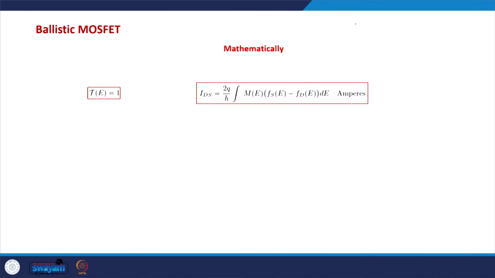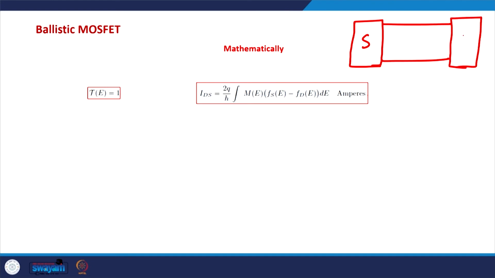In a ballistic MOSFET, the first thing that comes to our mind is that there is a left contact, the source contact, a channel, and a right contact. There would be a third contact as well, also known as the gate contact or the control terminal.